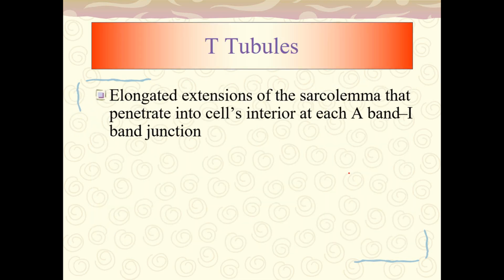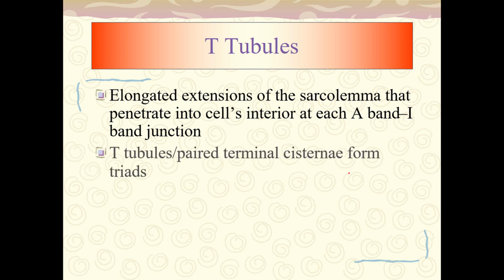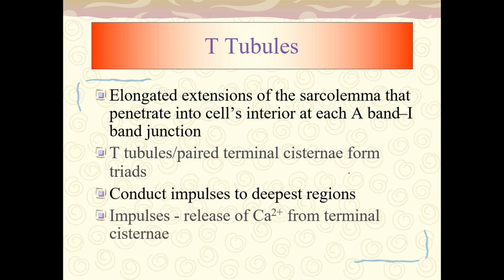And so extensions of the sarcolemma that penetrate into the cell's interior at each A-band, I-band junction, that and the terminal cisternae form triads, conduct impulses to the deepest regions, and those impulses, those action potentials, cause the release of calcium from the paired terminal cisternae.